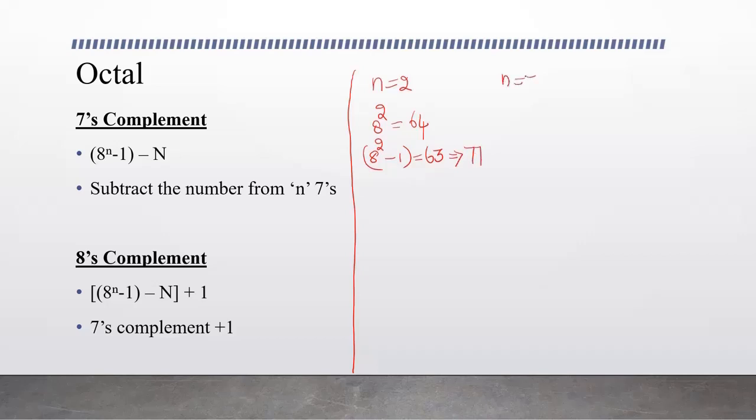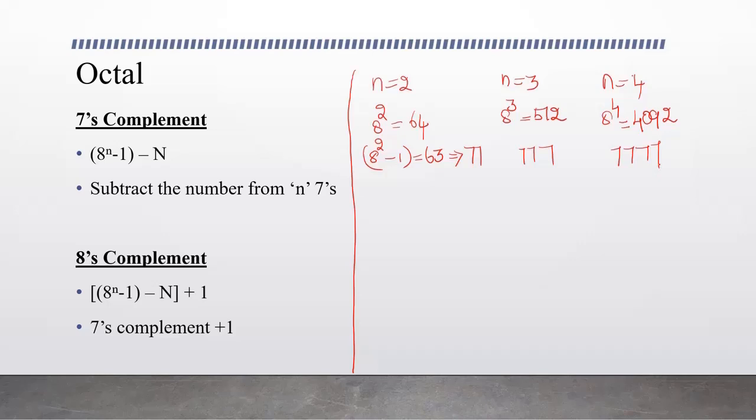And when n is equal to 3, 8 power 3 is 512, and 8 power 3 minus 1 is 511. The octal equivalent is 777. When n is 4, 8 power 4 is 4096, and the octal equivalent of 8 power 4 minus 1 is 7777.